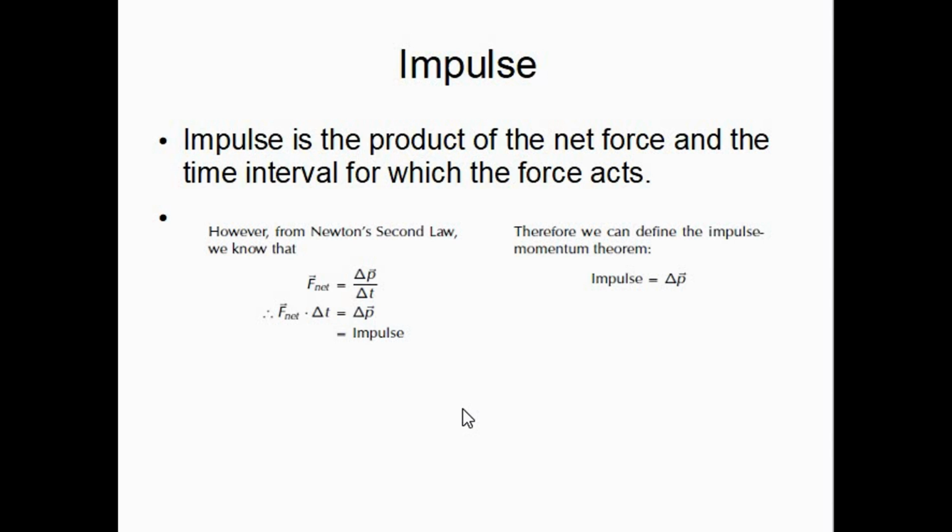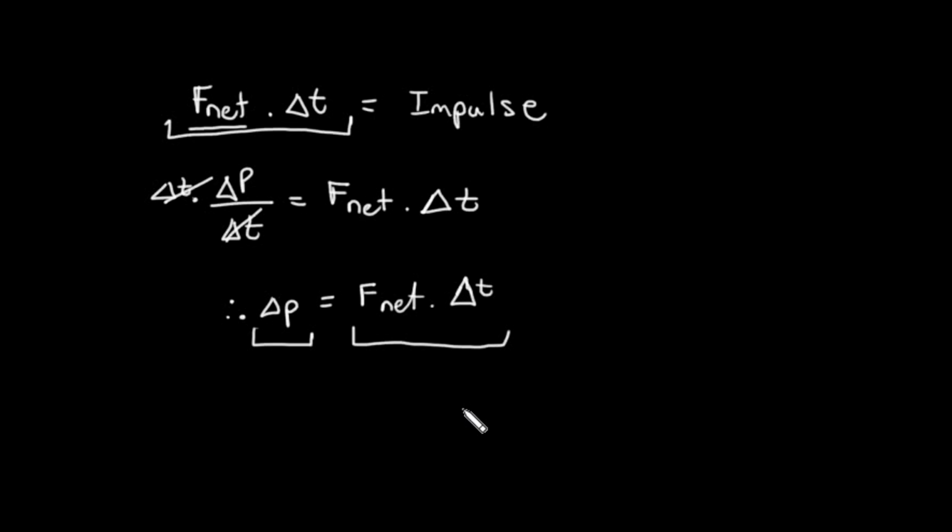Therefore we can define the impulse-momentum theorem as: impulse is equal to the change in momentum. So this whole thing over here is impulse. The way we work out impulse, as the change in momentum, is taking the net force multiplied by the change in time, and that gives us our impulse.